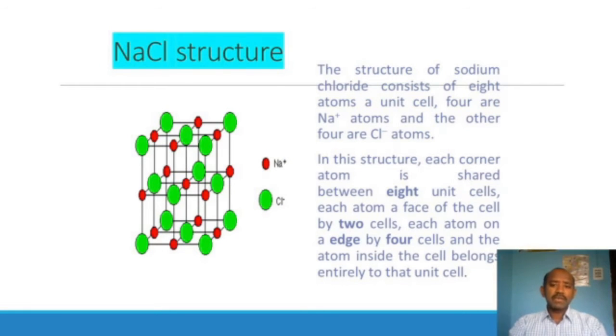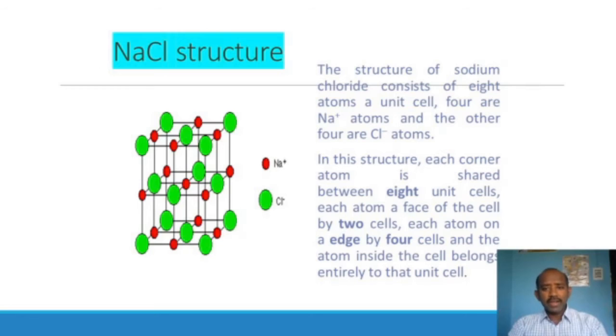What we are observing here is the structure of sodium chloride. In this structure we know that at the corners there are the chlorine atoms, in the face centers there is a chlorine atom, but only at the edges we have the sodium atom or sodium ion.